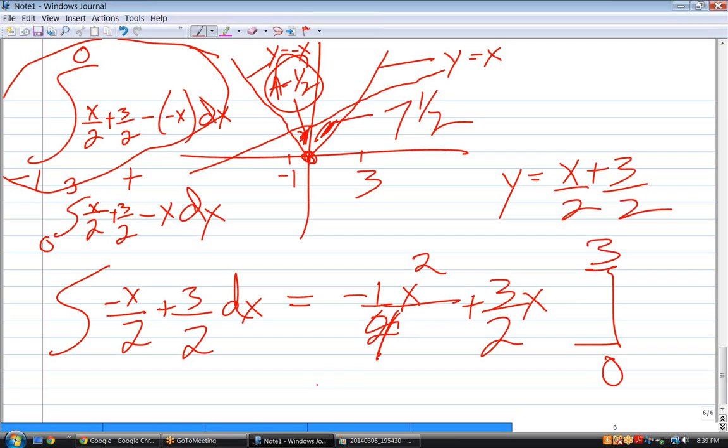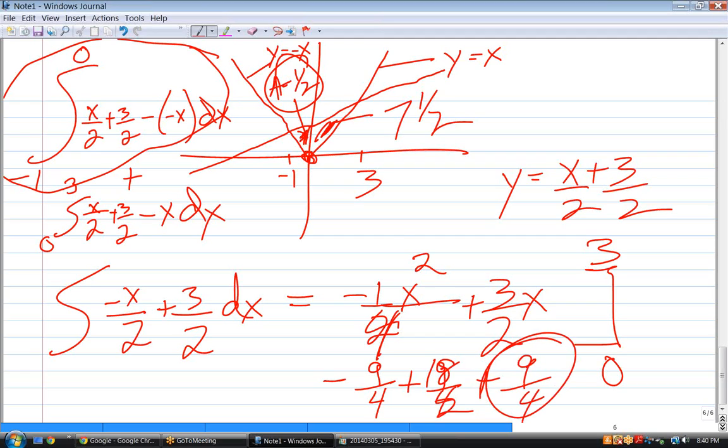Well, at 3, it is minus 9/4 plus 9 halves. And at 0, it's obviously 0. So this is 18/4. So that's 9/4 is the area of the right part. What we get on the left, 2/4. So 2/4 plus 9/4.